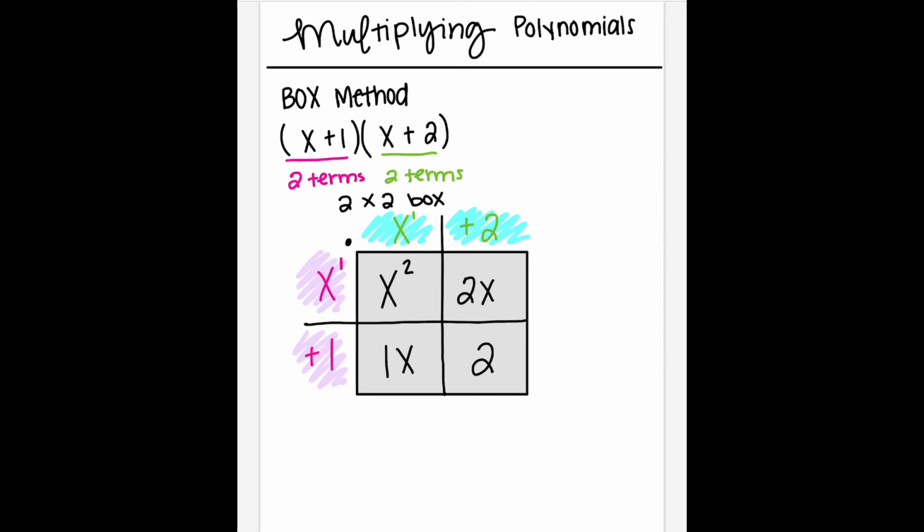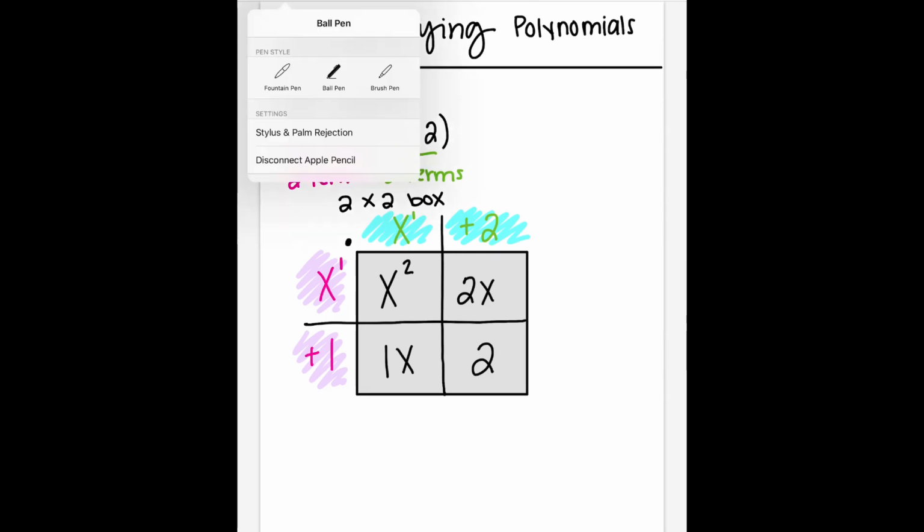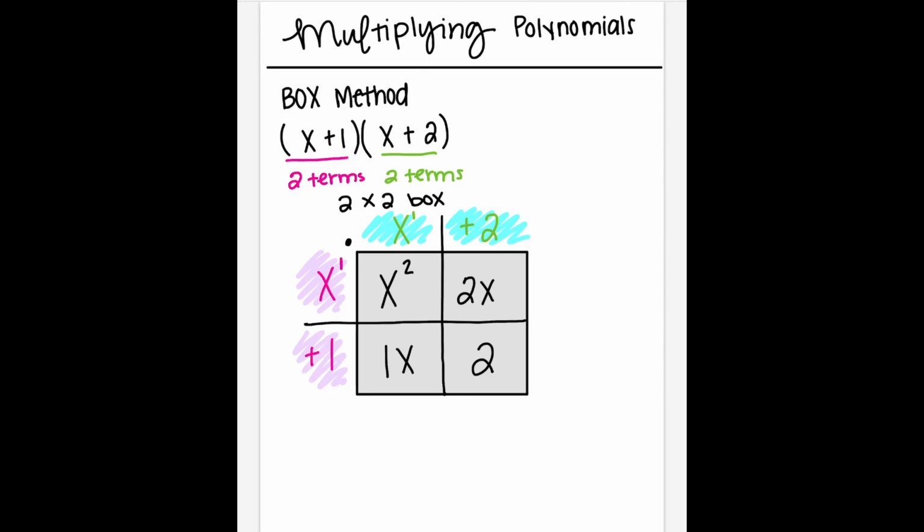So the box is now complete, and we have to write our expression by adding each term together. When we do that, sometimes we can combine like terms, sometimes we can't. In this case, I'm going to write out the entire expression as if we could not combine them. So if we wrote out x squared plus 2x plus 1x plus 2, this is technically correct.